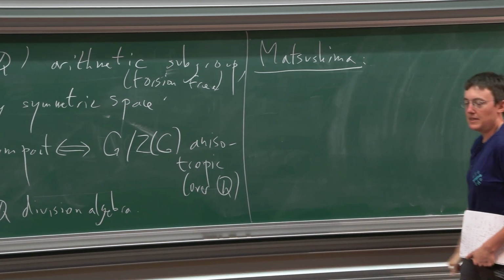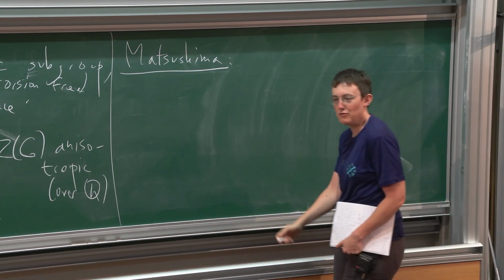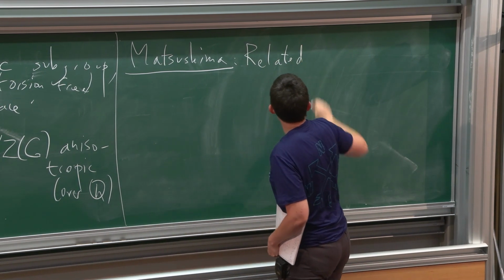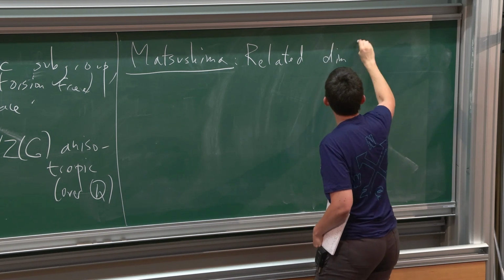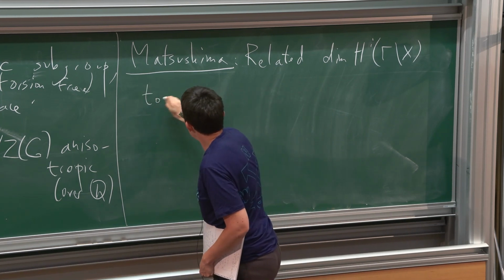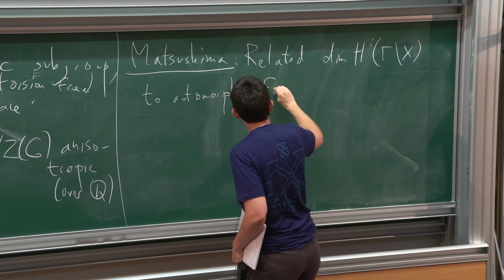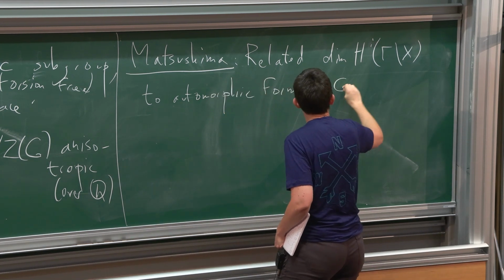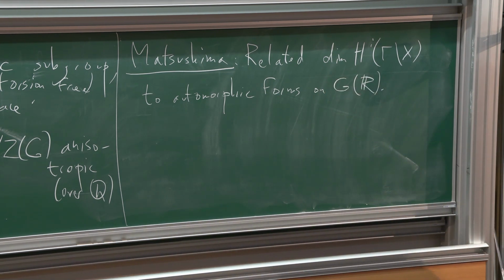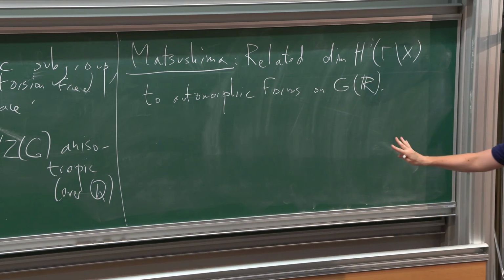I'm not going to state his original result because I'm going to state a reformulation in 5 minutes, but what he did, he related the Betti numbers of this to automorphic forms on G of R. Well, I should say Matsushima, he worked with semi-simple groups, but okay.